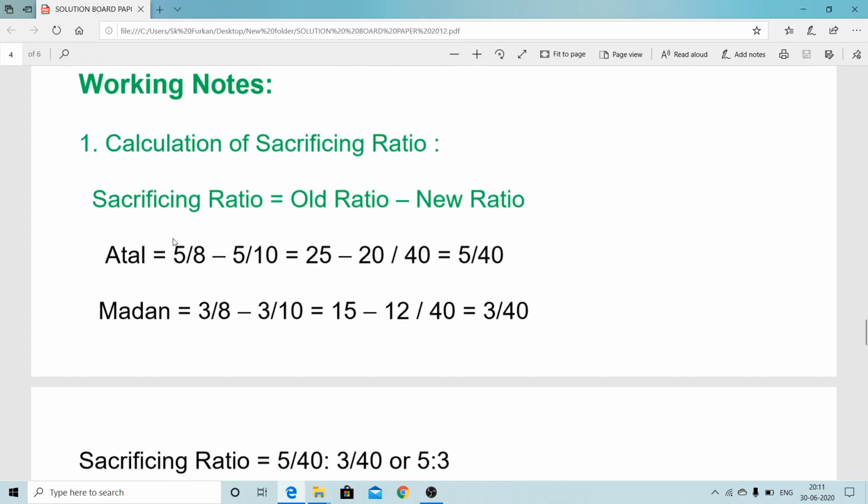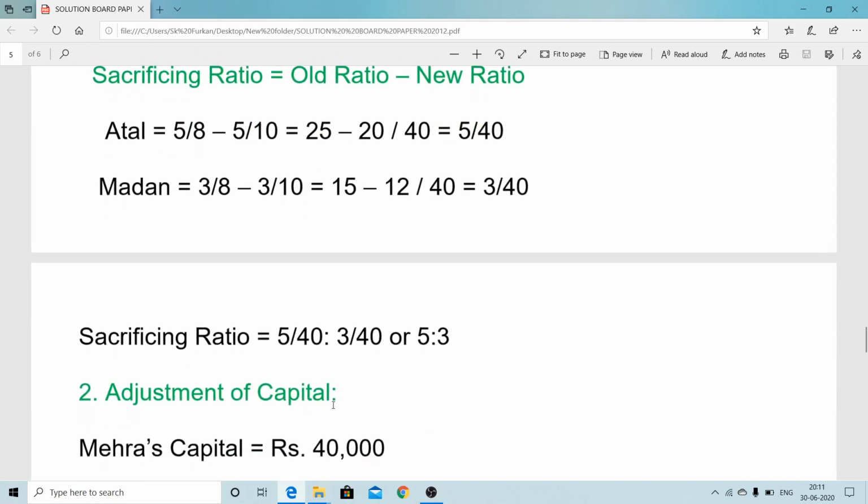Old ratio Atul 5/8, new provided here 5 by 10 for Atul, 5 is to 3 is to 2, so old minus new, it is coming 5 by 40. Then also, this is old, 3 by 8 minus new 3 by 10, it is coming 3 by 40. So 5 is to 3, this is the sacrificing ratio.